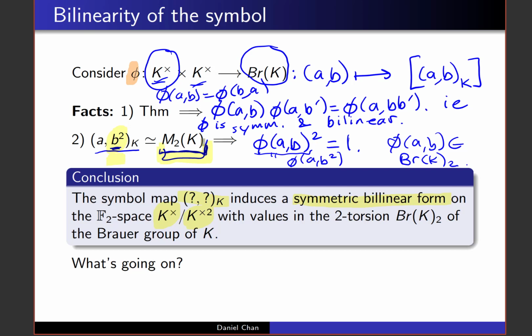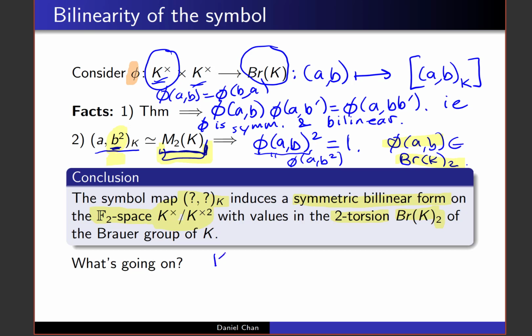And the second point is, where does it land? Well, we just saw that this phi(a,b) lands inside the 2 torsion. The 2 torsion of the Brauer group, and you put a subscript 2 here. Okay. So what we see is that, in fact, it's going to be a symmetric bilinear form on an F2 space, this one here. Okay, so let me just explain briefly what's going on.